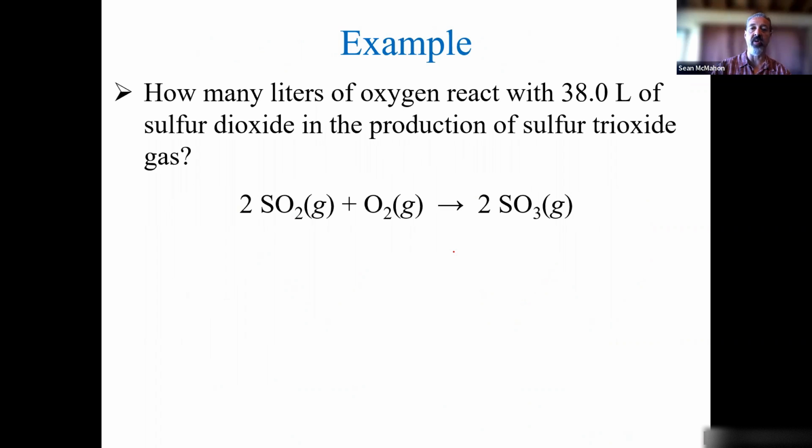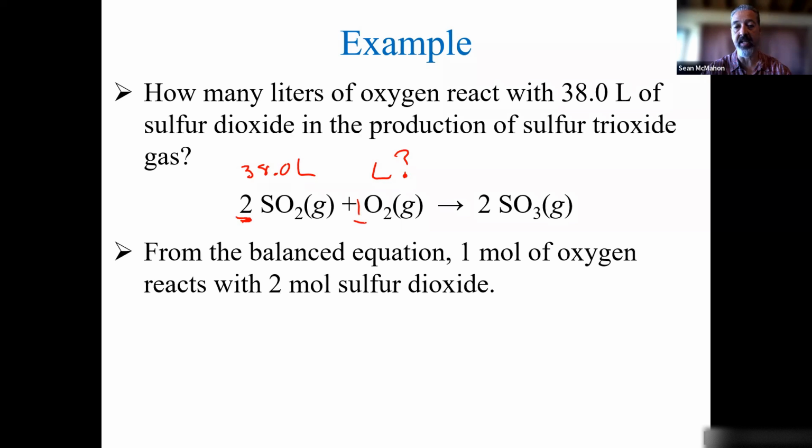Okay, so what do I have? I want to know how many liters of O2 react with 38 liters of sulfur dioxide. Well, I use the ratio. 2 liters of this react with 1 liter of that. So it's going to be half. It's going to be 19.